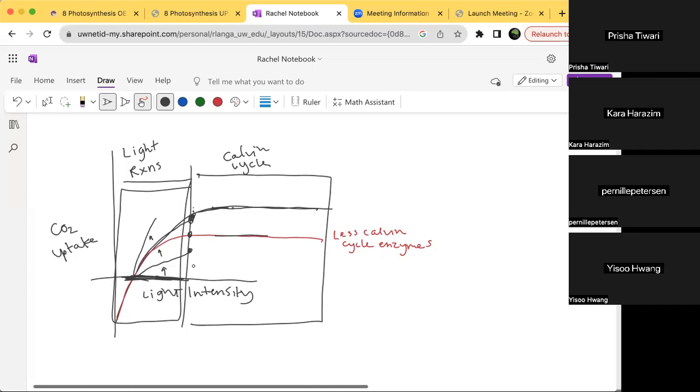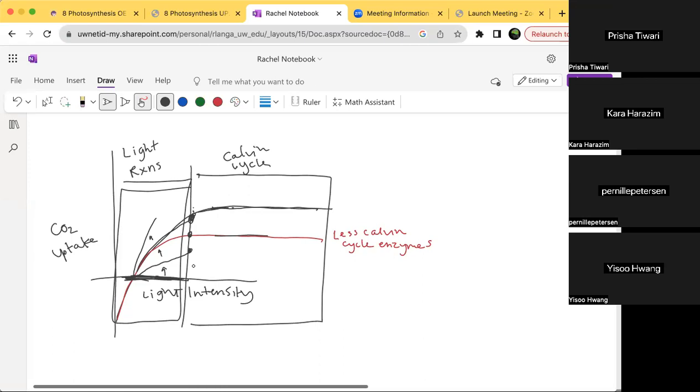If we're changing the slope, that means the light reaction is dependent on how well the enzymes of the Calvin cycle are working, right? I'm not quite sure. You're saying if we change that region, then we are changing the Calvin cycle?